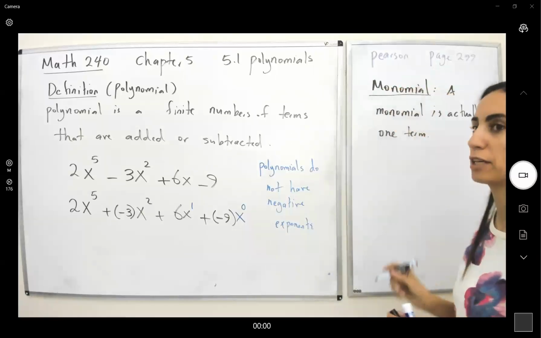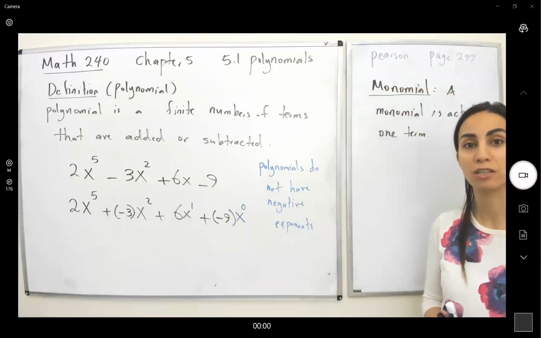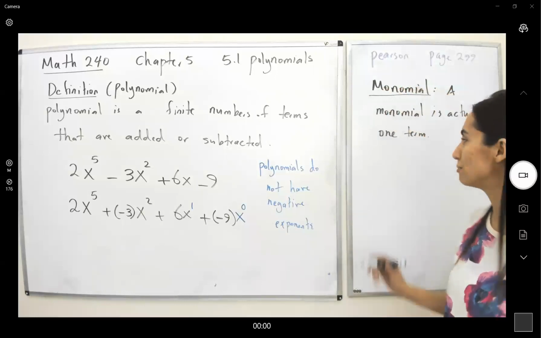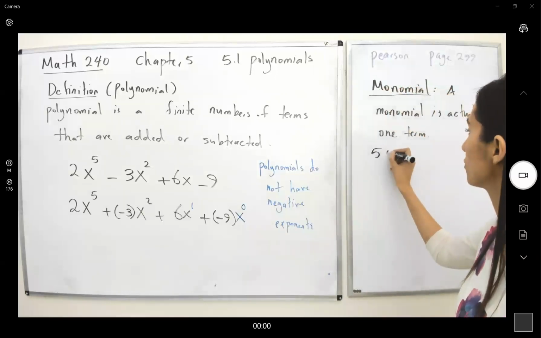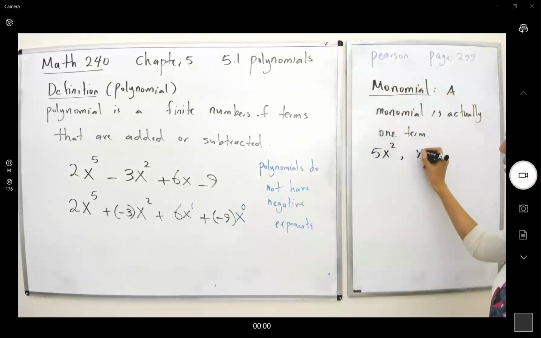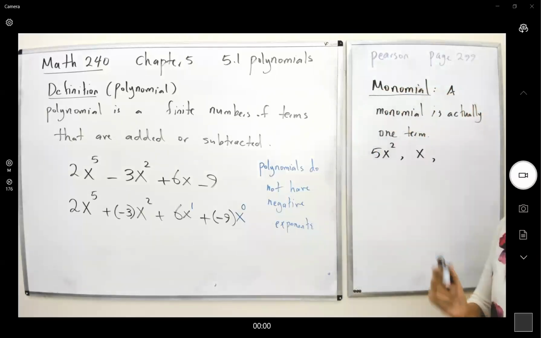So we can include just a term with degree 5, just a term with degree 3, just a constant term, 5x squared, or x, or just a constant like 1. These are all examples of monomials.